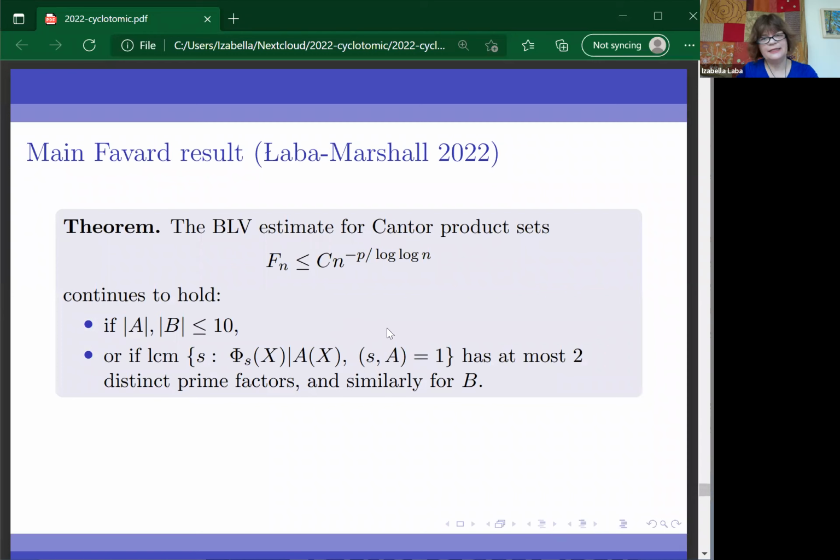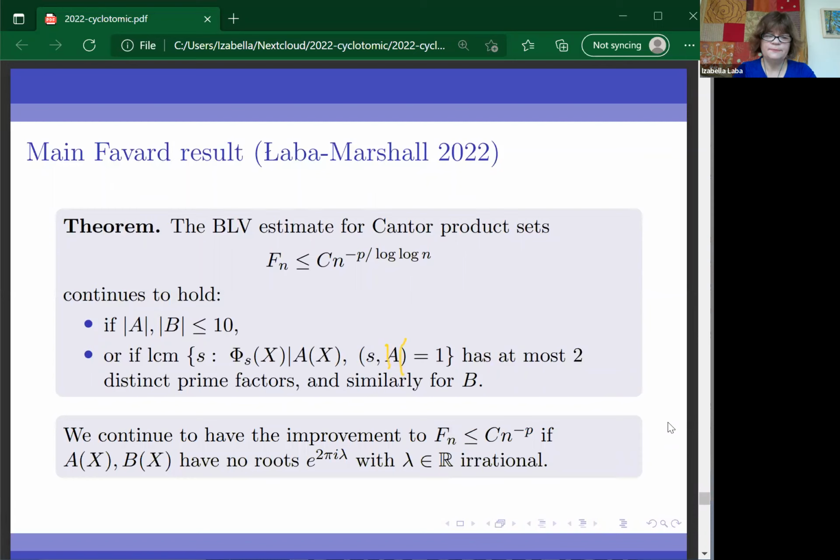And we can also extend it to the case when we have control of the cyclotomic divisors of A(X), where S is relatively prime to the cardinality of A. This is a typo. That should be the cardinality of A and not the set A. And the same condition for B. And there's also a further improvement if A(X) and B(X) have no roots on the unit circle of the form e^{2πiλ} with λ irrational.